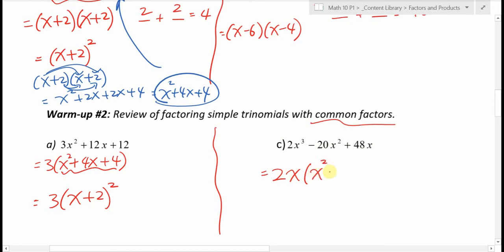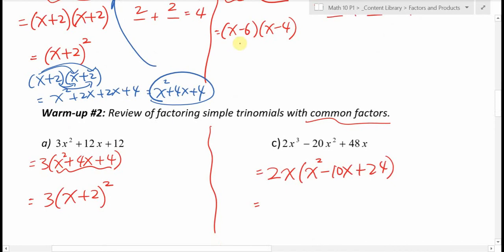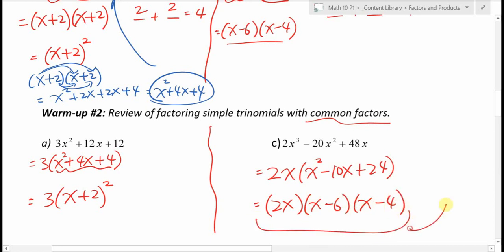And that's going to be x squared minus 10x plus 24. And that is just what we had here again. So then I'm just going to take the result from here and move it down. So our final answer is going to be 2x times x minus 6 times x minus 4. And again, if you multiply this out, this is exactly what you should get. Okay, but I will skip that step right now.